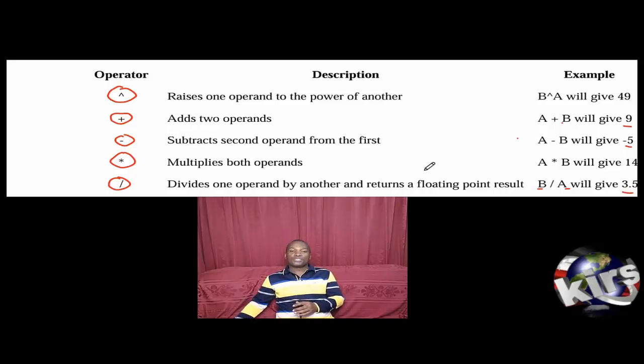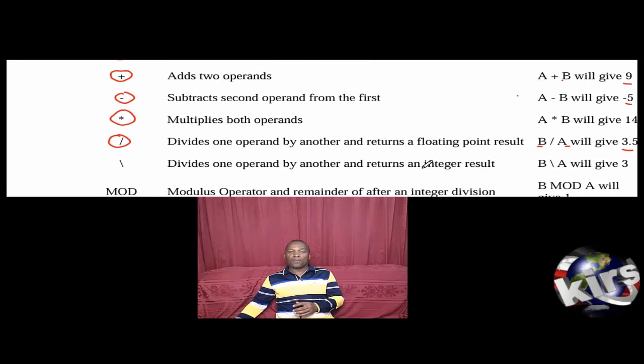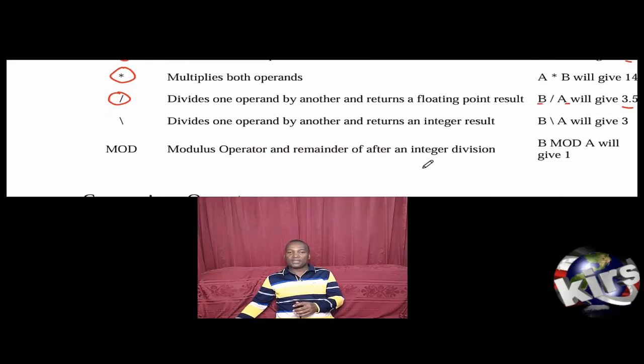And then we still have 2 more arithmetic operators. Another operator here divides one operand by another and returns an integer result. For instance, 7 divided by 2 will give us 3.